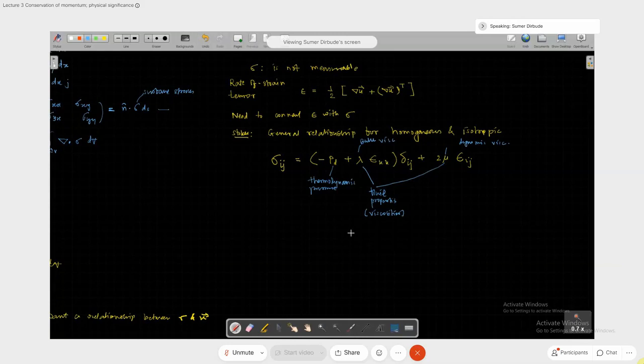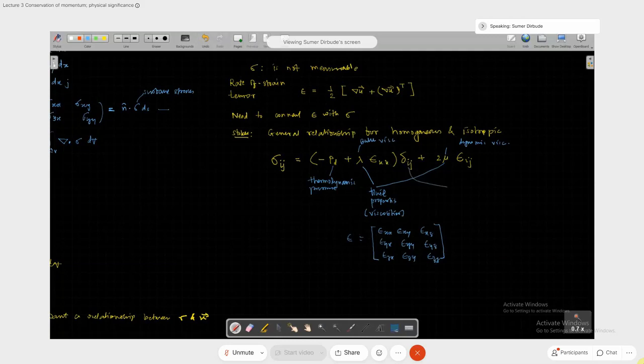If you have a tensor of epsilon, it will be represented by a matrix, and you should know this: epsilon xx, epsilon xy, epsilon xz, epsilon yx, epsilon yy, epsilon yz, epsilon zx, epsilon zy, epsilon zz. This is a tensor having 9 components.